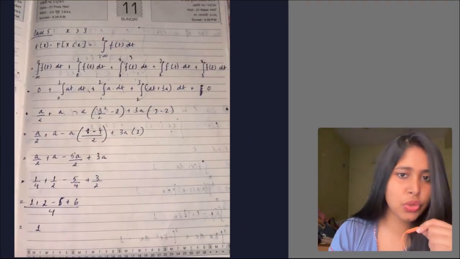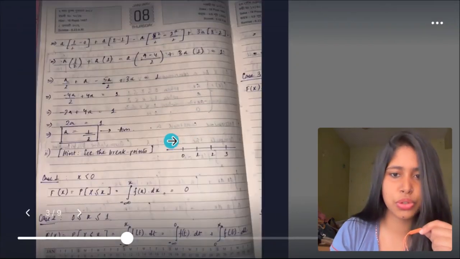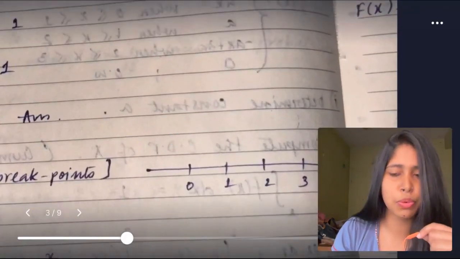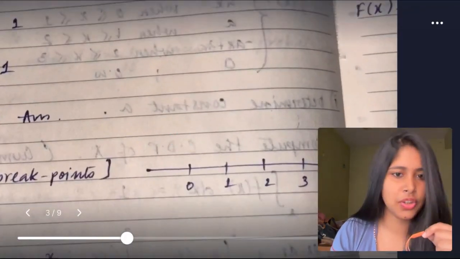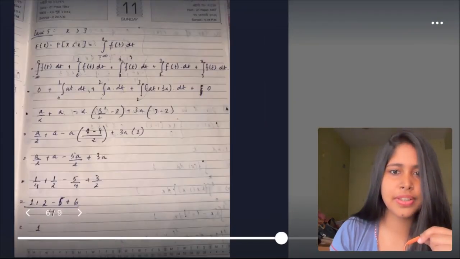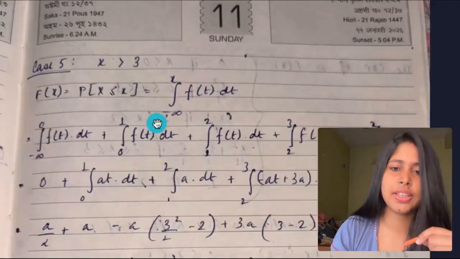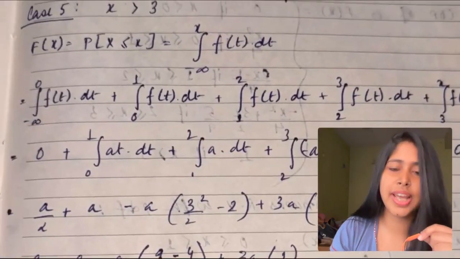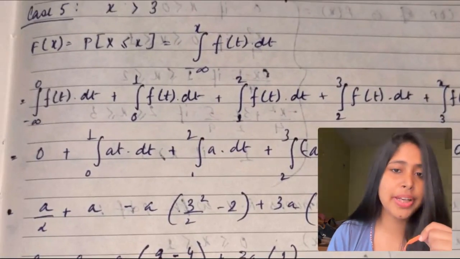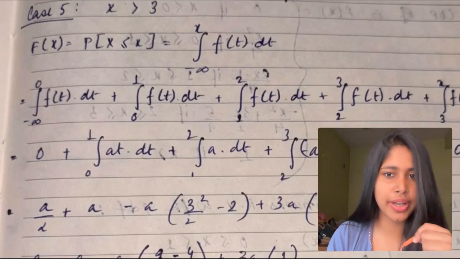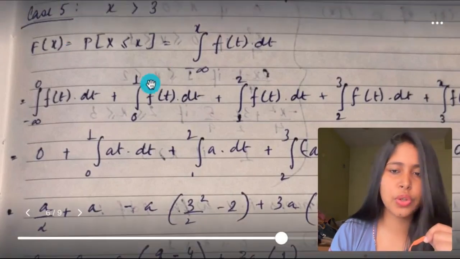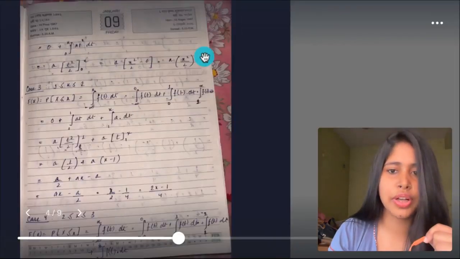Now we are coming to case number 5, which is this portion. Here x is lying anywhere in this portion. So what will the case be here? The case will be x greater than 3. How will we write it? Fx equals P, probability of X less than or equal to x, which, as you already know, is the integral from minus infinity to x. How will you integrate it?